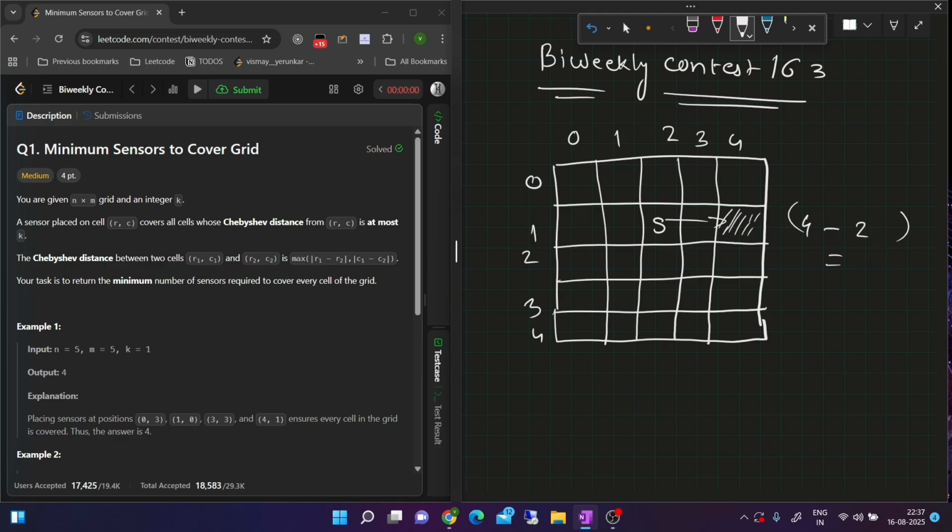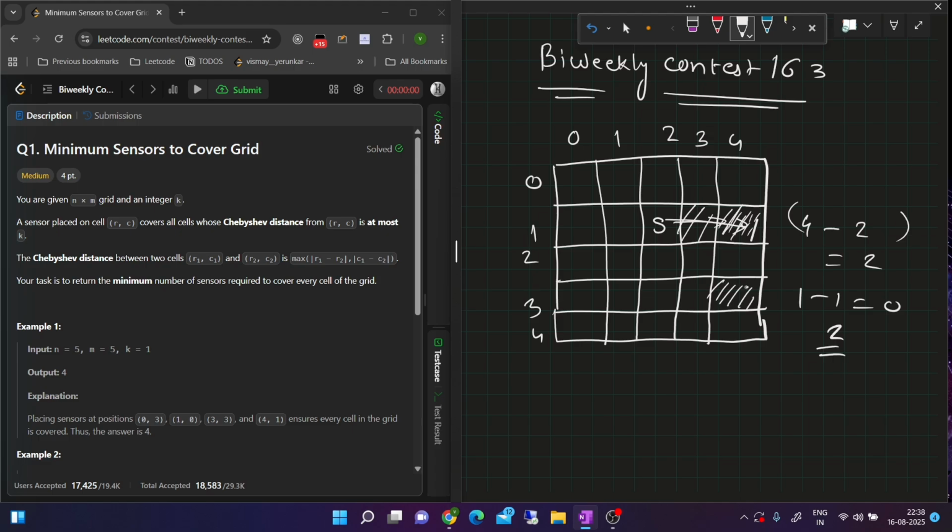This part would be 2, and the row here is the same row, so 1 minus 1 equal to 0, and the maximum among these would be 2. Okay, so the distance till this point is 2, and we can see that starting from this, there are only 2 cells. Okay, let's consider this diagonal part now.